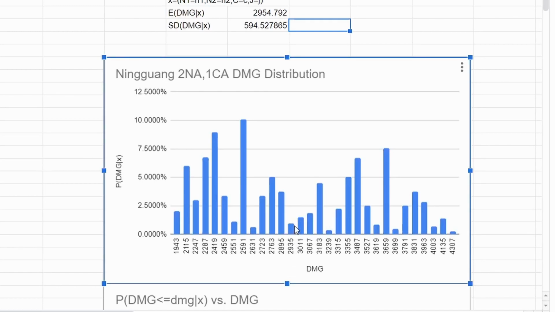The chance of actually getting it should be between these two values, because we can see here there's 2,935 and then there's this 3,011. That's between this one. So we can assume that it should be there, but since it's closer to 2,935, I think it's pretty safe to assume that it's about 1%.